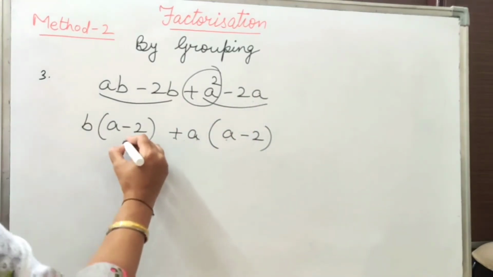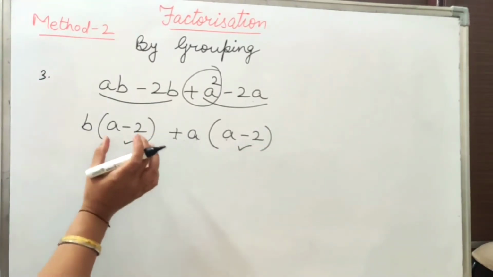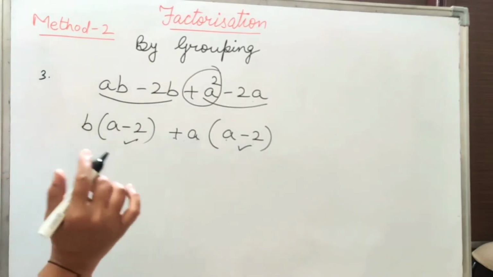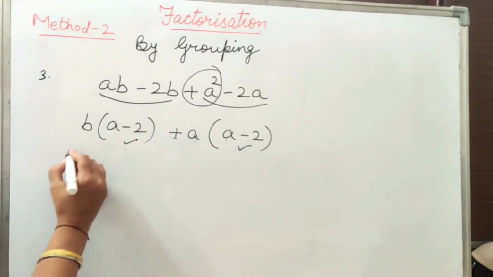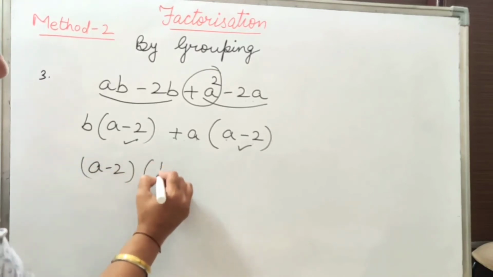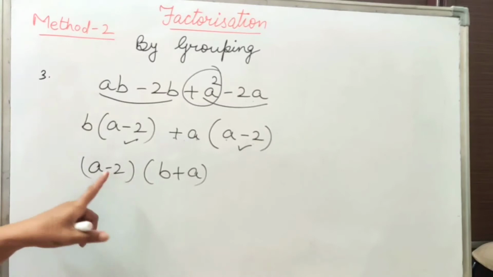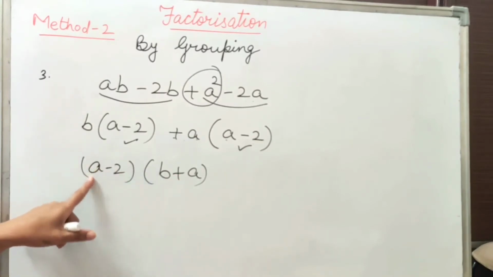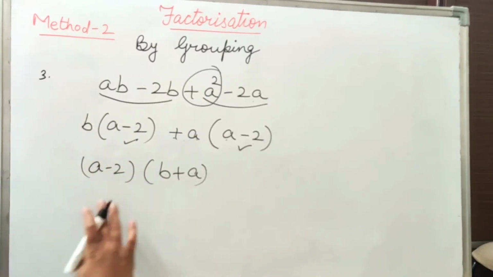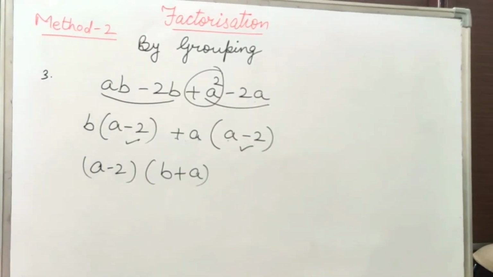So now we have the common quotient a minus 2. In one bracket you can write a minus 2, the common quotient, and in the other bracket you will write the common factor. You can write these brackets in any order, but the factors must be the same.